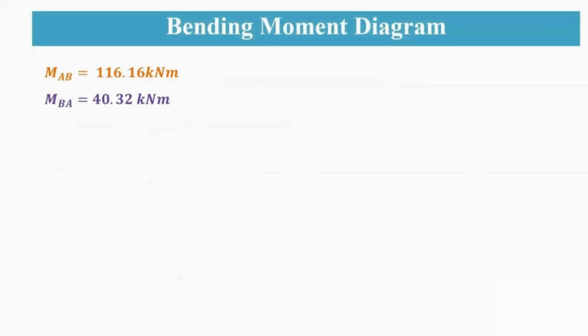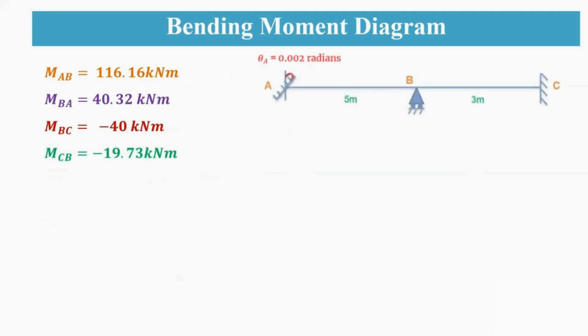Again, writing all these values, MAB is plus 116.16 kilonewton meter, MBA is 40.32 kilonewton meter, MBC is minus 40 kilonewton meter, MCB is minus 19.73 kilonewton meter. So this is the final figure.